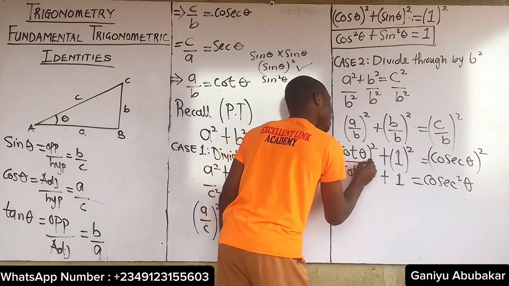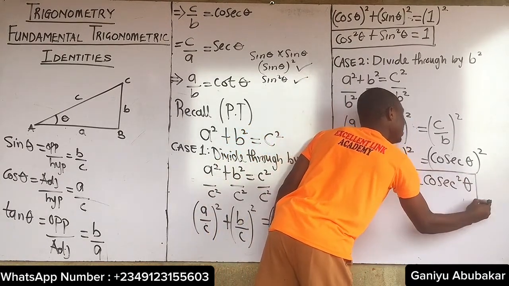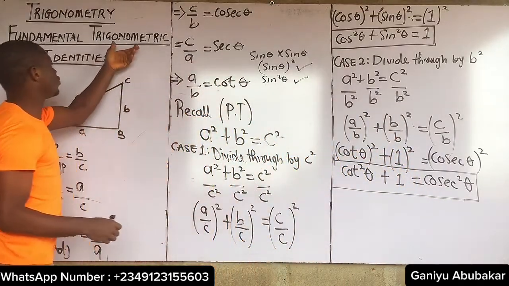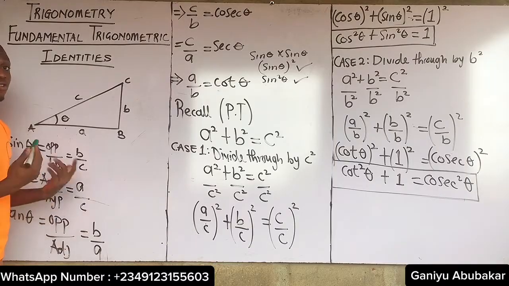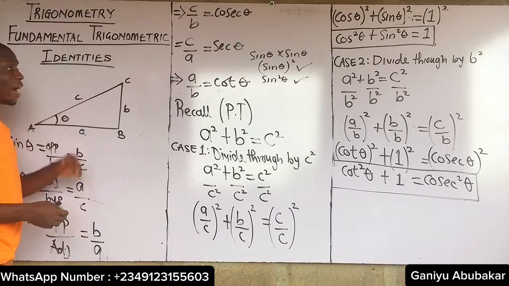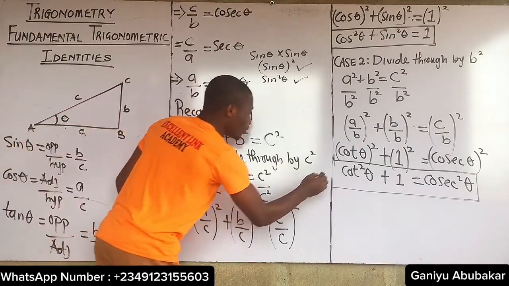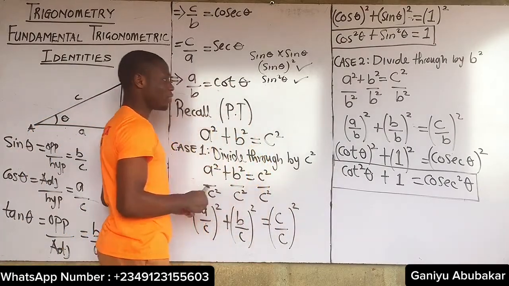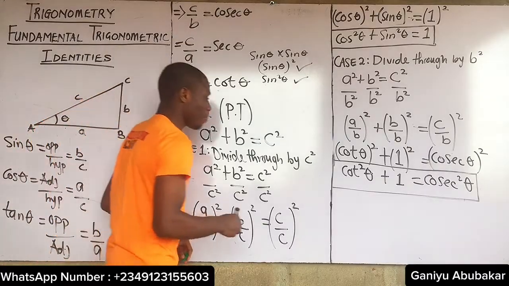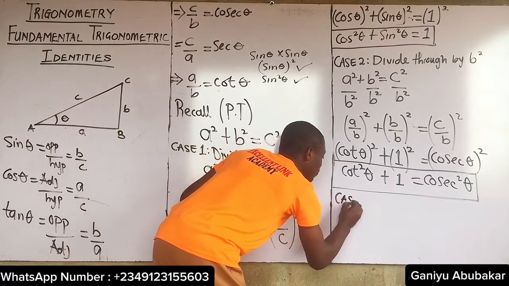This becomes the second mathematical expression for trigonometry identity, or a fundamental trigonometry identity. So this becomes case 2 under this concept. Let's consider case 3 and end this concept.